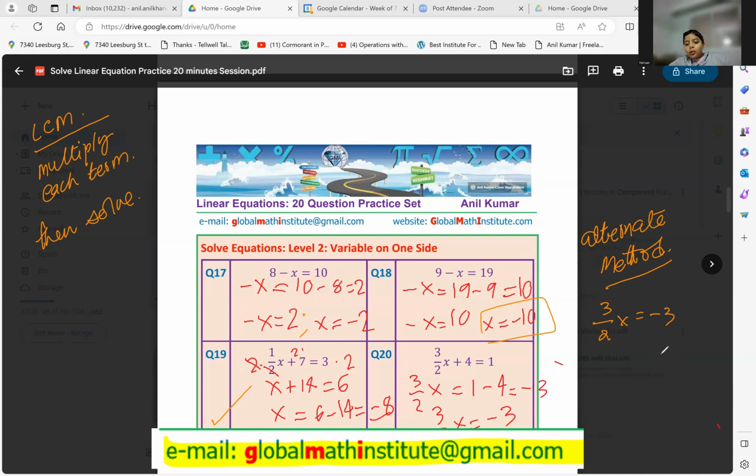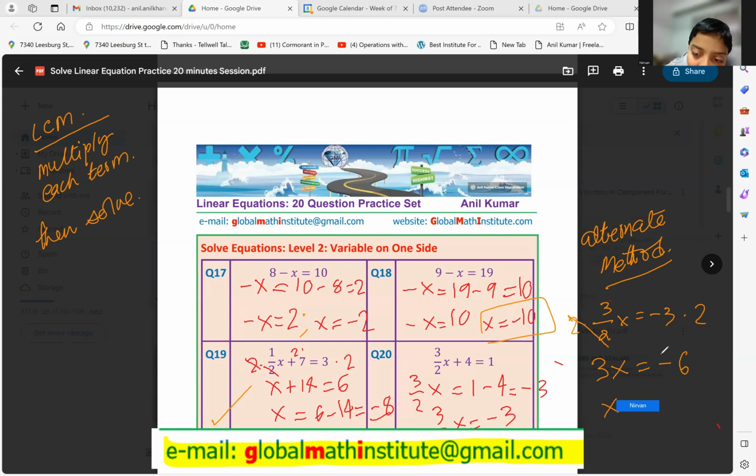Okay, now you continue. You multiply by 2 on both sides, right? Oh, you cancel this part. 3x equals minus 6. Remember, if you multiply a negative number with a positive number, it'll still become negative. 3 times 2 is 6, minus 6.